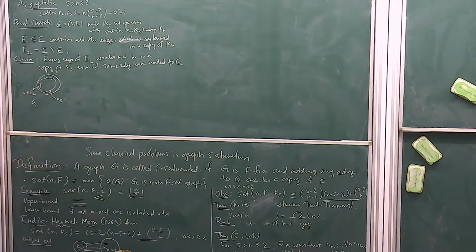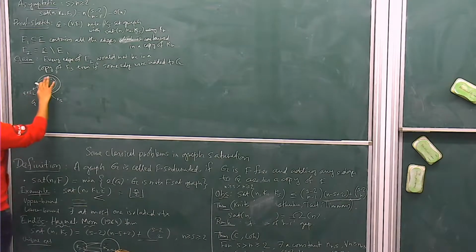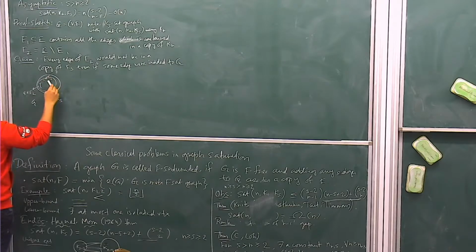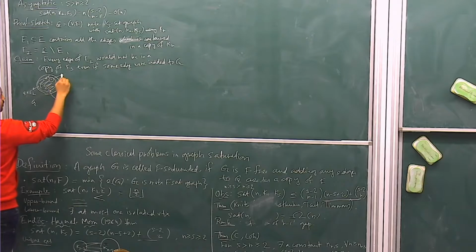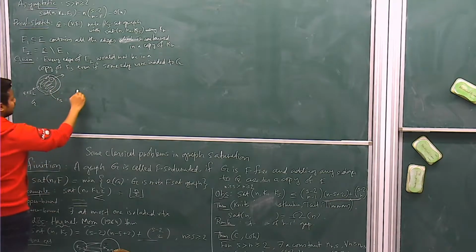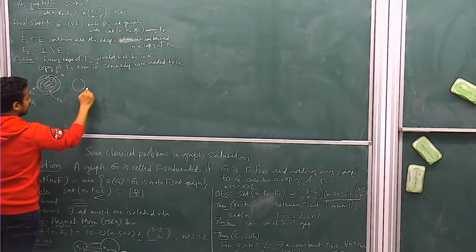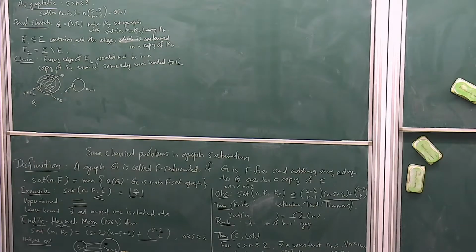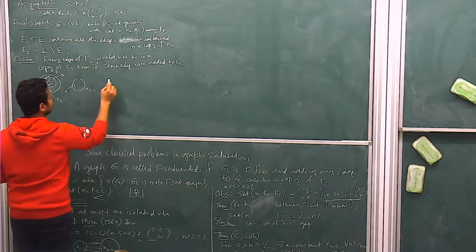So this cannot happen, because if this happened, what does this mean? This is a copy of Ks, right? All the edges are present here. Now if we throw this vertex out, we found a copy of Ks minus 1 containing the edge E, right? But we know that E cannot be in a copy of Kr, right?